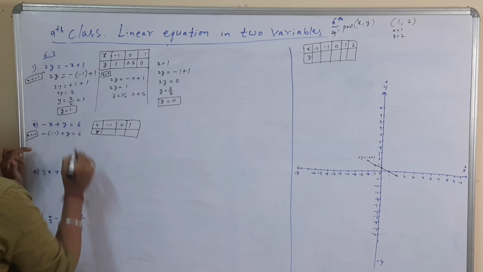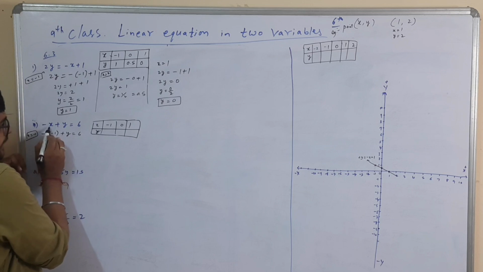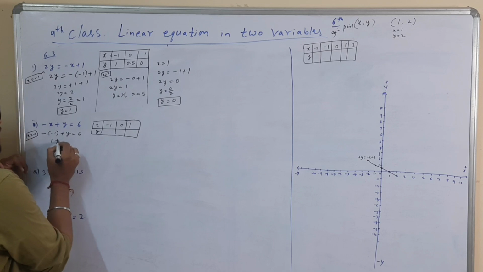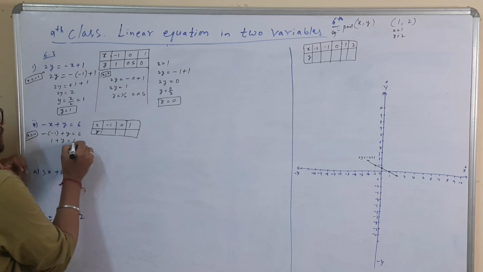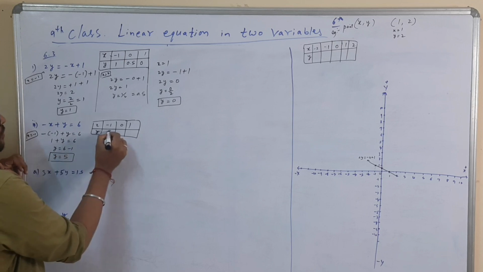Whenever we are substituting values, always put brackets so that you will understand. Minus into minus is plus, so 1 plus y is equal to 6. y is equal to 6 minus 1, y is equal to 5. This one I have to put here.